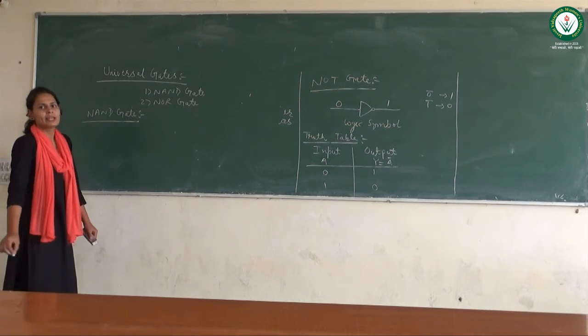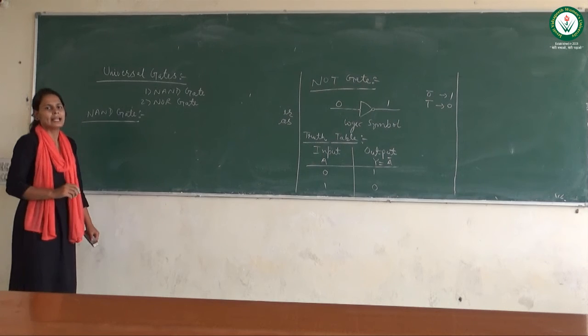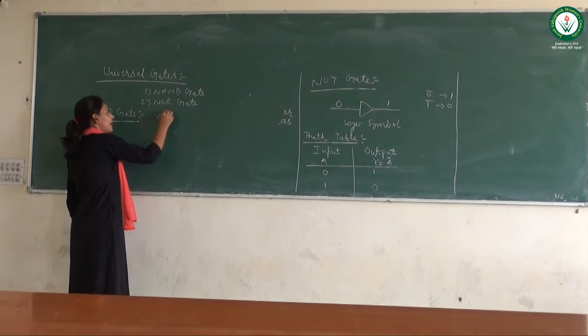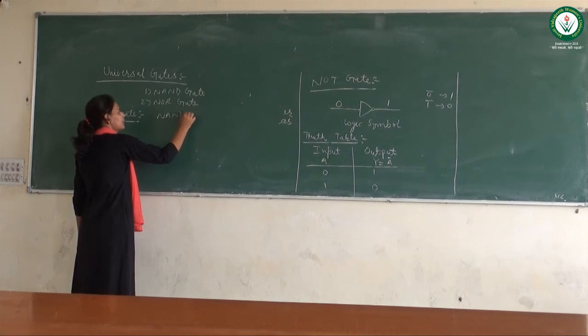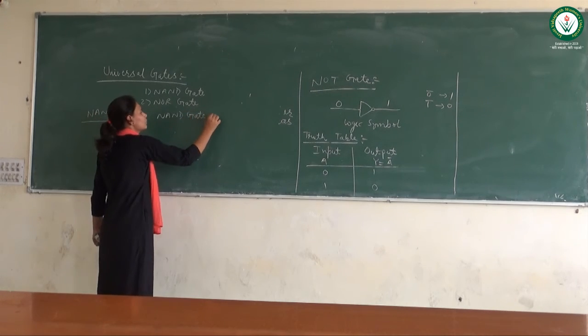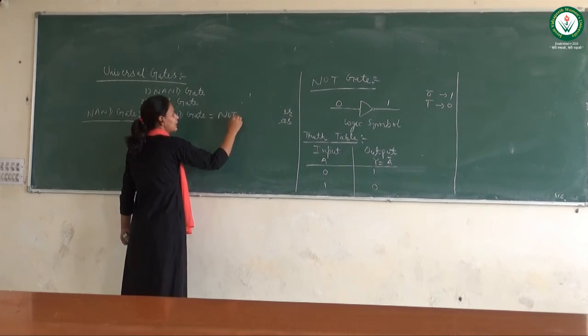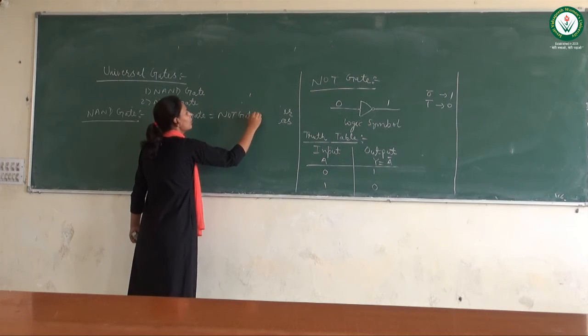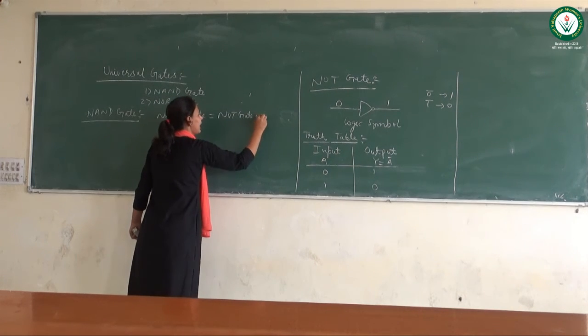NAND gate is the combination of NOT gate and AND gate. So NAND gate equals NOT gate plus AND gate.